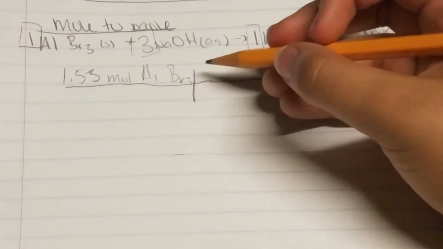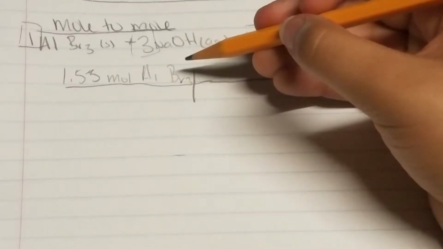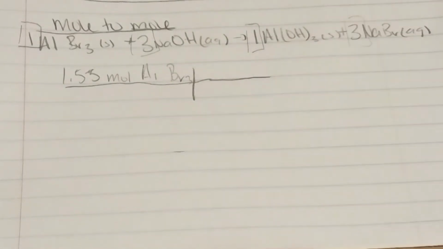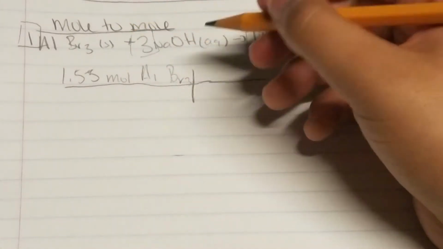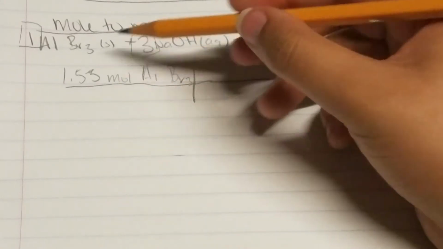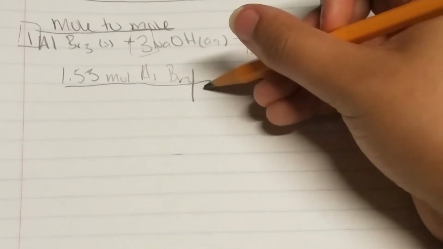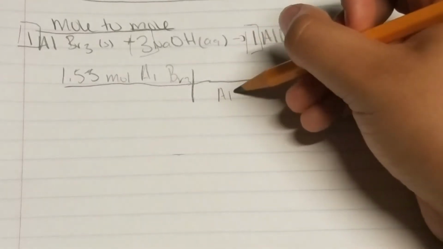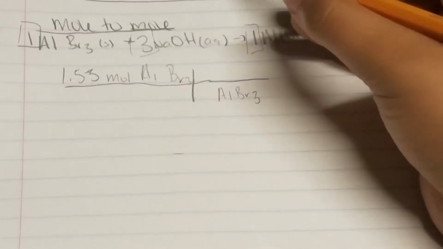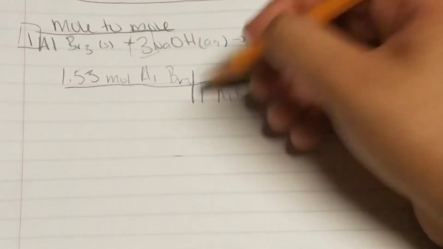And since we're going to find our product, which has to be in moles, we need to first ask for the same thing. So we have aluminum bromide, so you would also write aluminum bromide here, and we know that it's 1 mole.